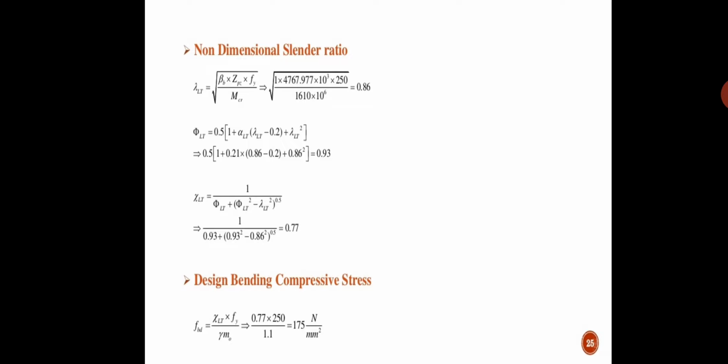So first we find out lambda LT, phi LT, then we find out xi LT. After calculating all these equations, we know the design bending compressive strength. So we find out FBD equals xi LT into Fy divided by gamma m0. So finally we know the design compressive stress is equal to 175 Newton per mm square for our built up section that should be provided as a gantry girder.